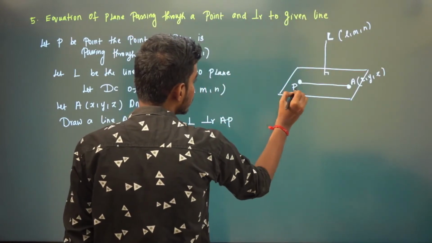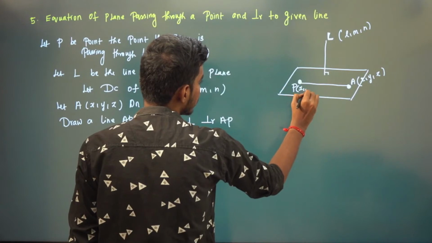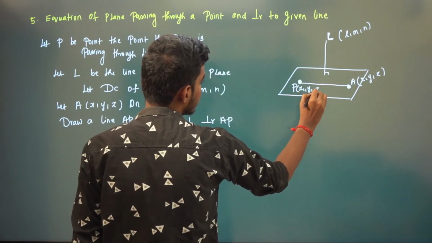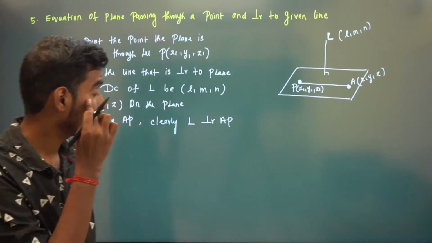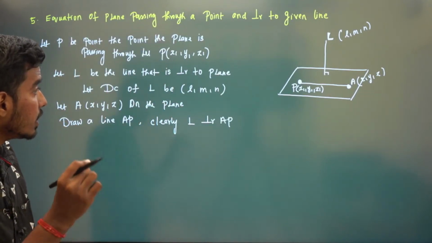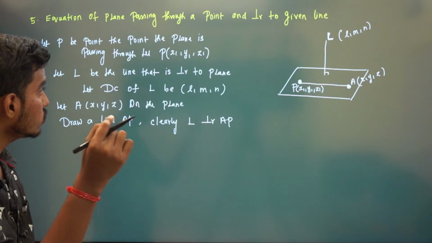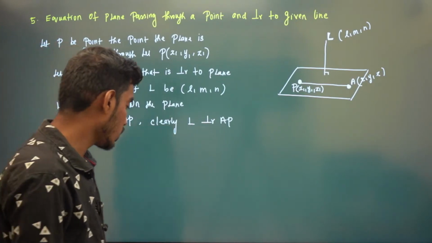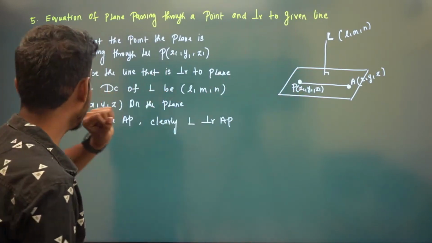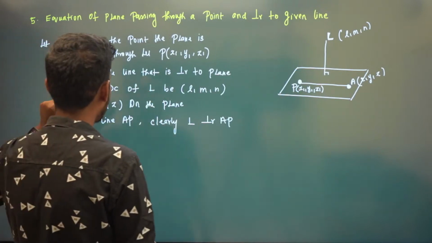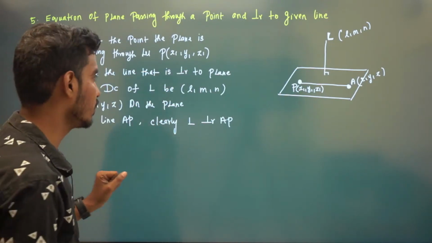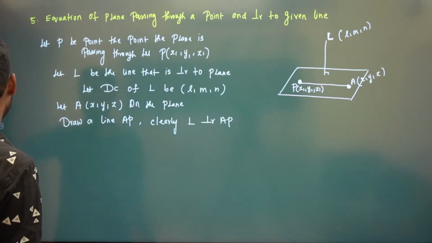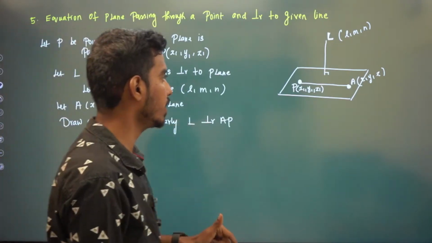Now this P point is x1, y1, z1. So L is perpendicular to AP, right? Now let l, m, n be the direction cosines. What we'll do is prove this in terms of direction ratio, because if I want to prove this in terms of direction cosine, I need to divide by its magnitude.